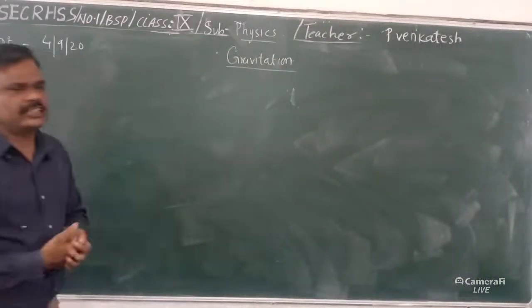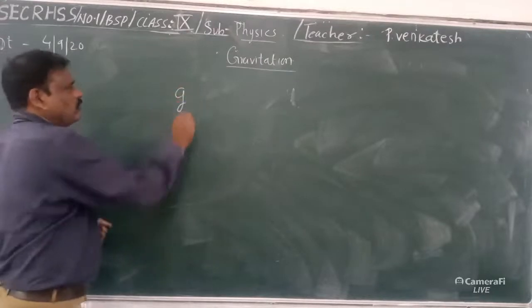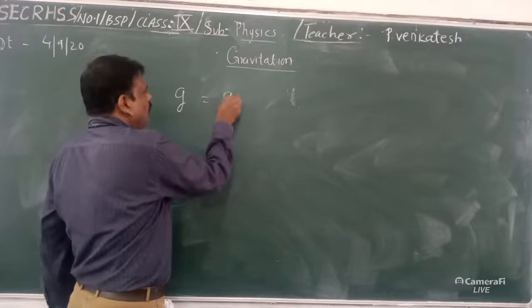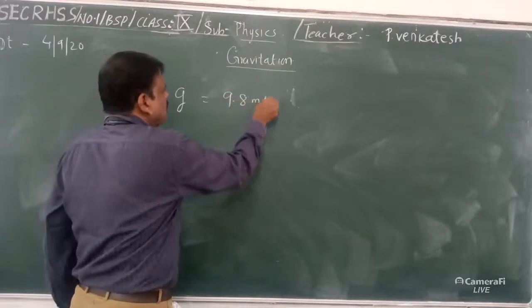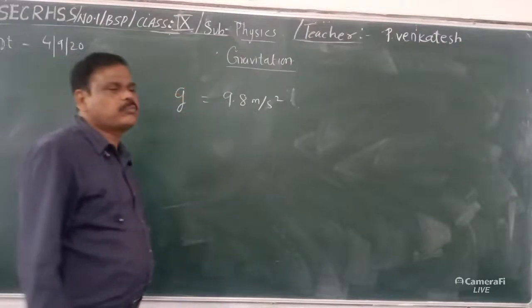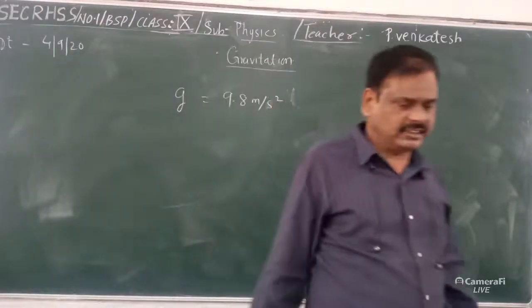Generally, acceleration due to gravity is denoted by g, and the value of g is equal to 9.8 meter per second square.